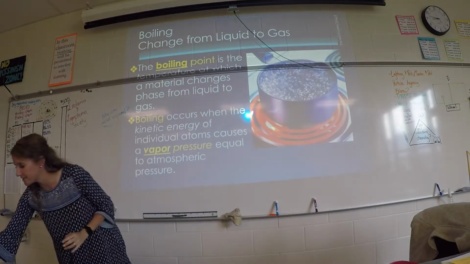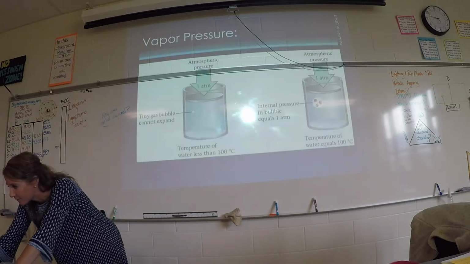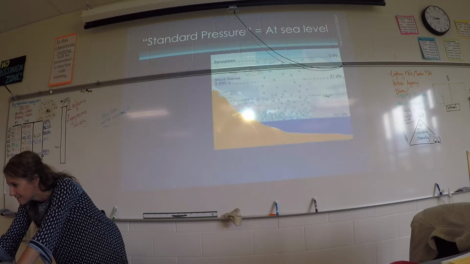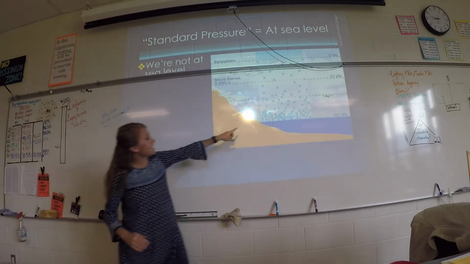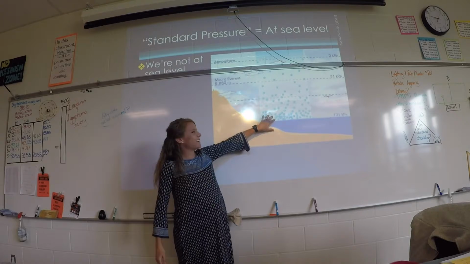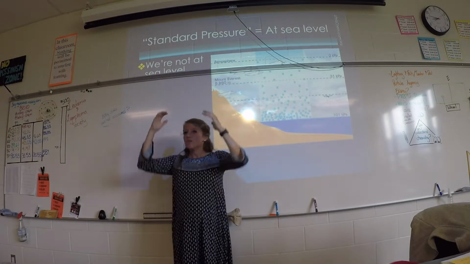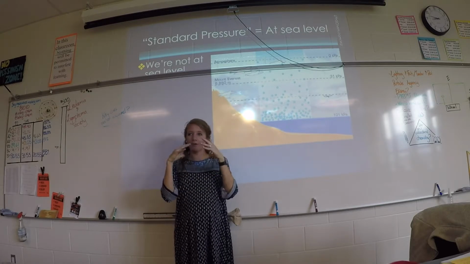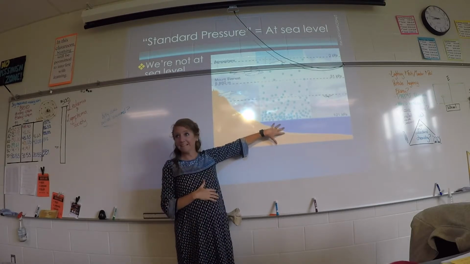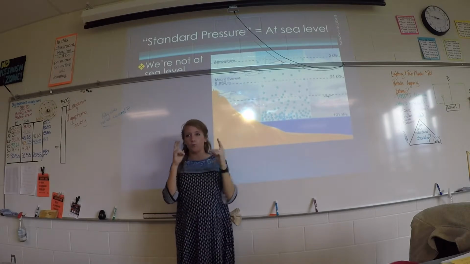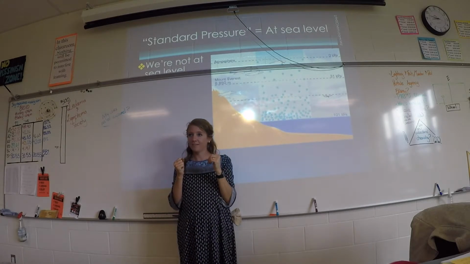So don't worry about this, I'll come back, but I wanted to show you a picture that's farther ahead that helps visualize this. Okay? So these little blue dots are, in a sense, air molecules. Okay? So the closer we are to sea level, the deeper we are in our ocean of air. Right?